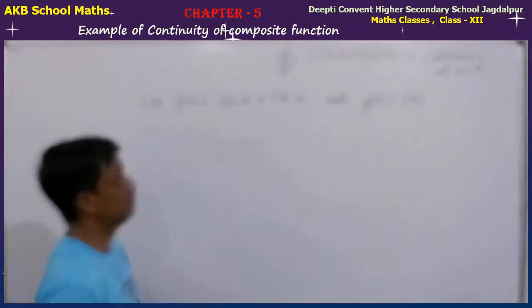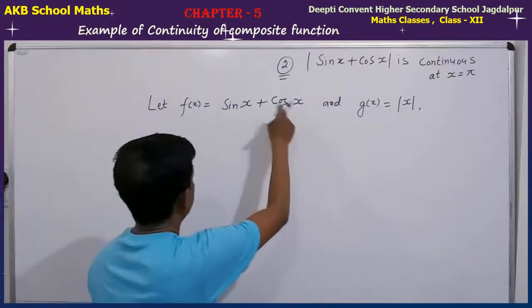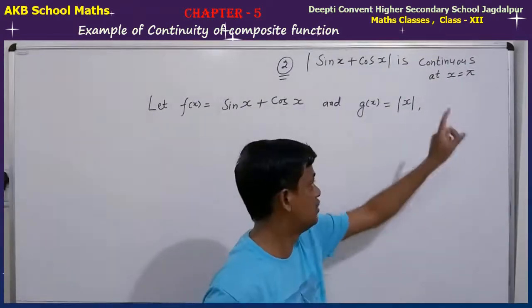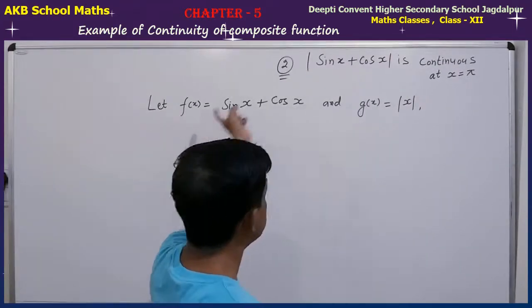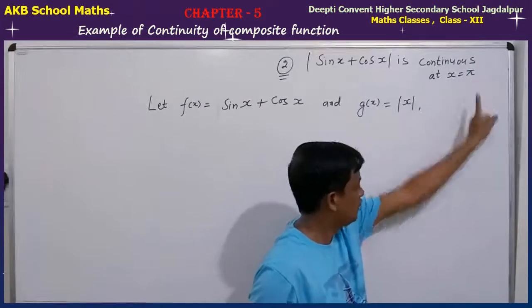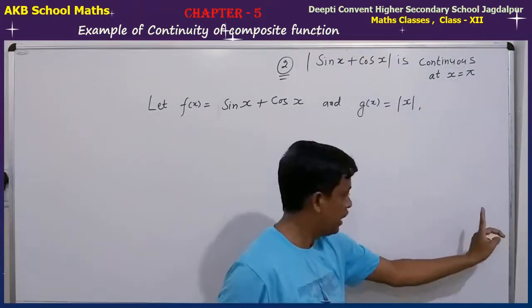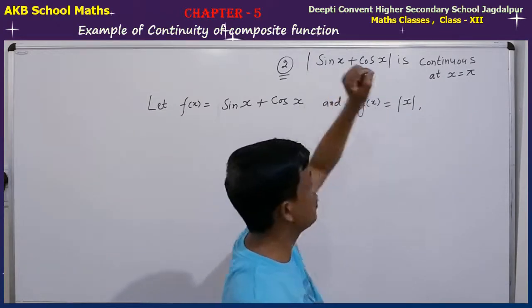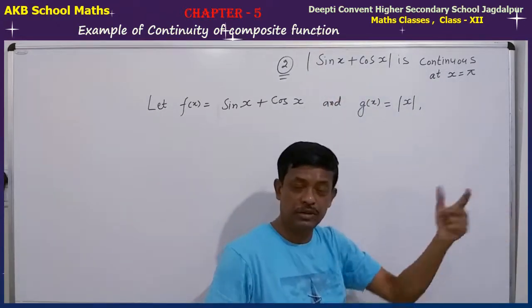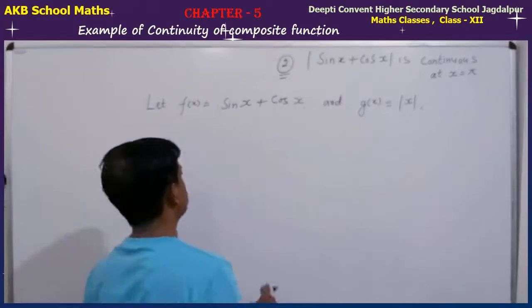First of all we have to show f(x) is continuous at this point, and then the image of pi, that is f(pi), and we have to show that g is continuous at f(pi). Then we can say g of f is continuous.